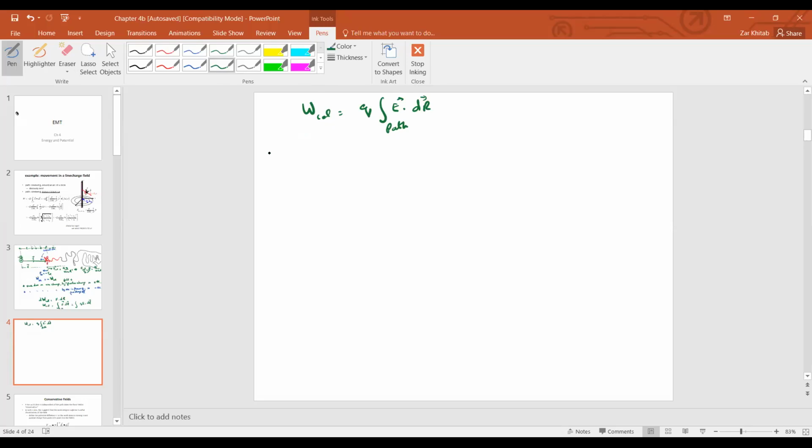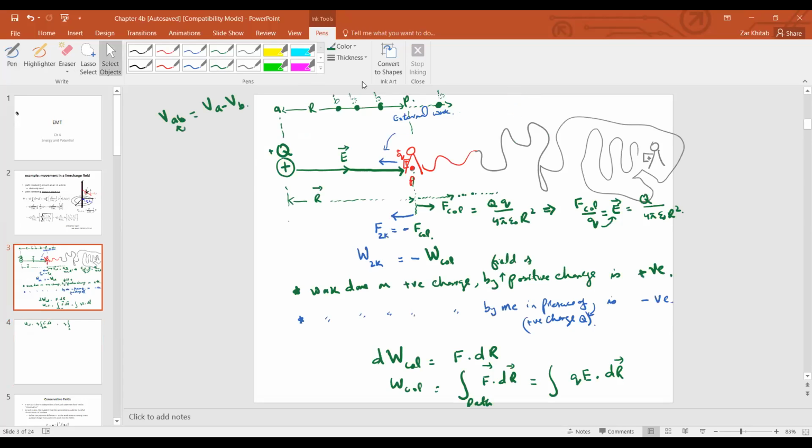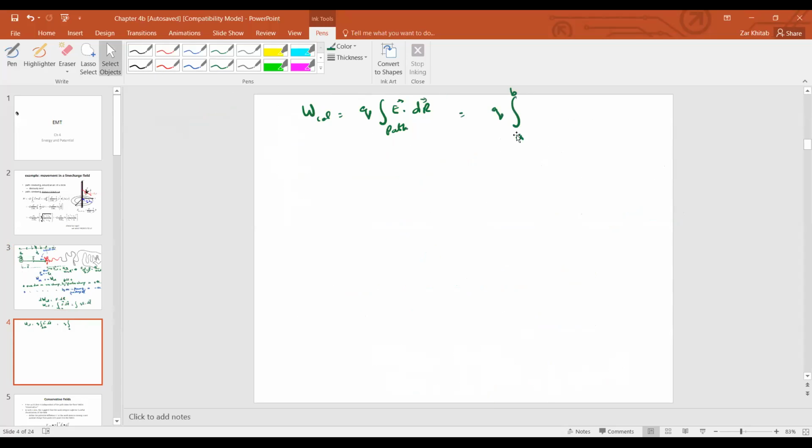So if the path is from A to B, say B is some point here, so here is VB and here is VA. Say B is a finite point.